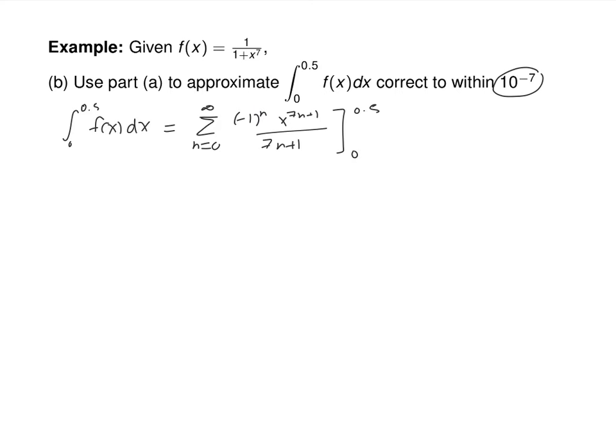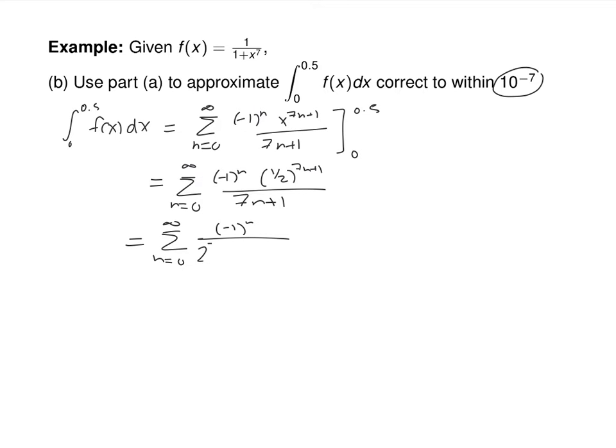So really all we do is we plug in 0.5 for x. And we have a sum from n equals 0 to infinity, negative 1 to the n, (1/2) to the 7n plus 1 over 7n plus 1, or the same thing as the sum from 0 to infinity of negative 1 to the n over 2 to the 7n plus 1 times 7n plus 1.